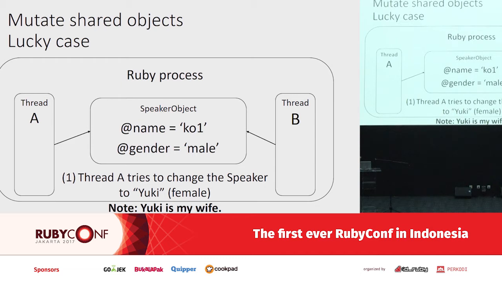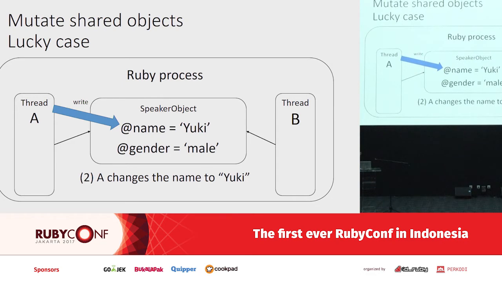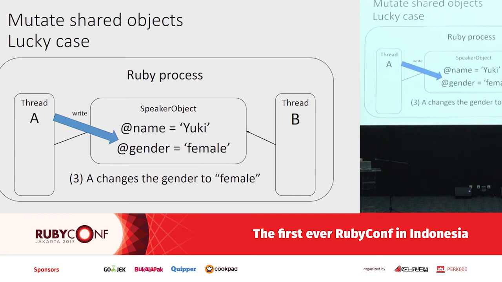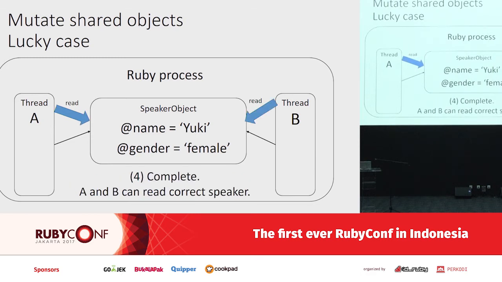At first, thread A tries to change to Yuki, and at this time it says Yuki is male. This is different, so it is incomplete information. So we need to change the gender, of course. If we read this speaker object from thread A and thread B, there is no problem.